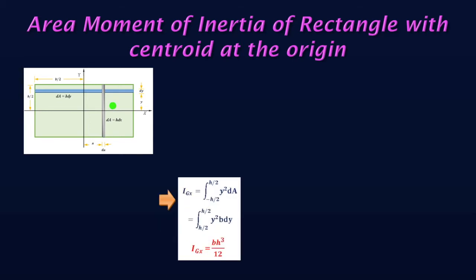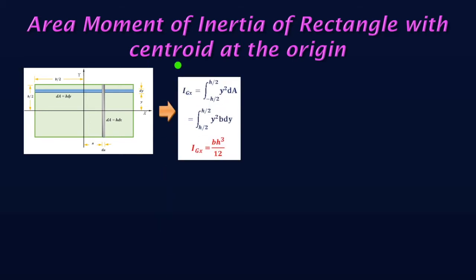Then, what's the formula? We know that it is y square dA. Consider for IGX, it is y square dA. IGX means about x-axis. So about x-axis, consider an element at a distance of y, thickness dy.